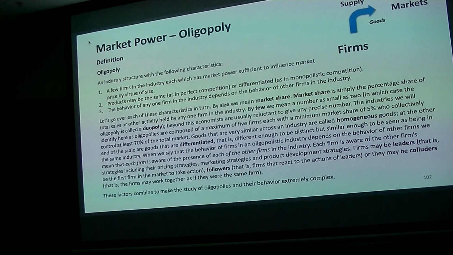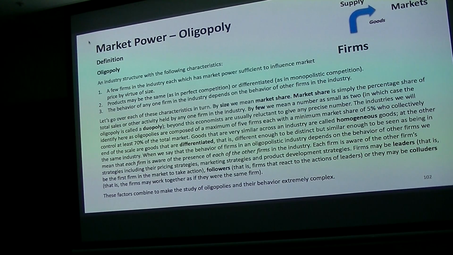Now, as an economist, there's no specific definition, so I've made my own definition, and the way that I'm going to define it is a maximum of 5 firms, each with a minimum market share of 5%, that collectively control at least 70% of the total market.